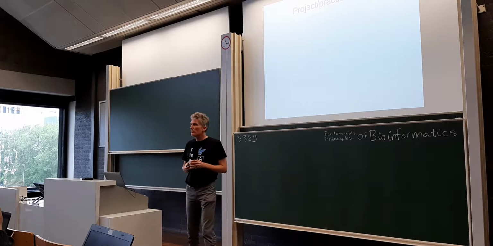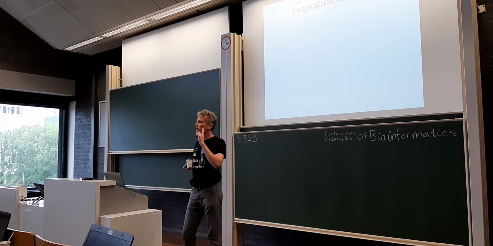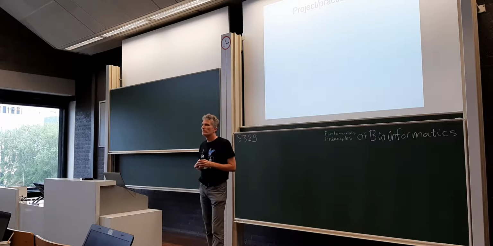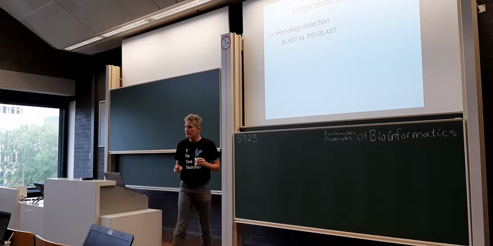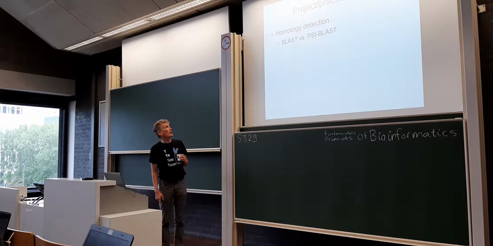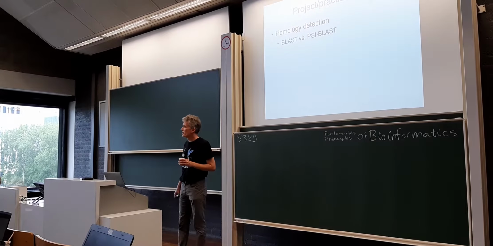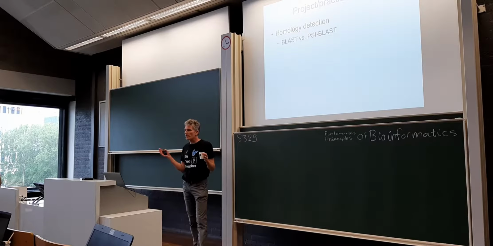Okay. So, who already knows what? Because we mentioned it before. Who remembers what you're going to do in the project? I didn't say much about it yet. Anything? Nothing? So it's a seemingly simple problem. It's about homology detection. And to keep it even simpler, because there are lots of methods to do homology detection.